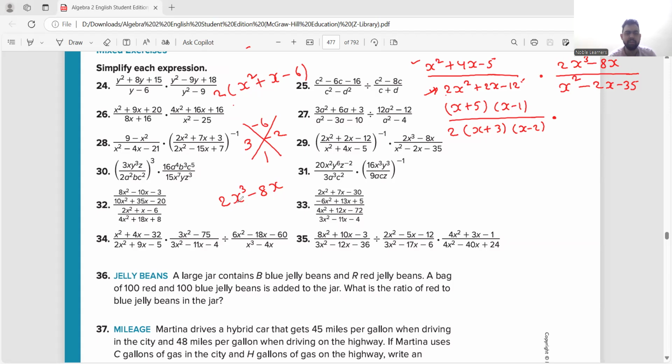Do we have a pair? 2, and what else? 8x. What else can we take out common? x. Then what are we left with? x squared minus 4. Do you know how to factor this as well? x minus 2, x plus 2.